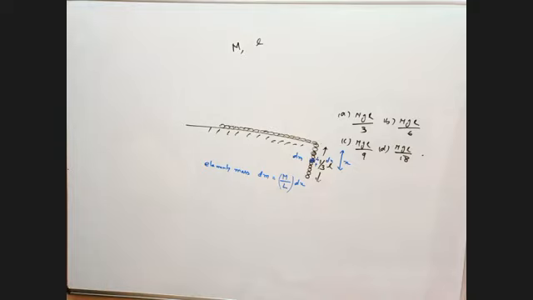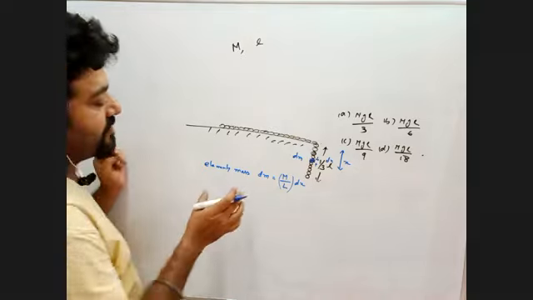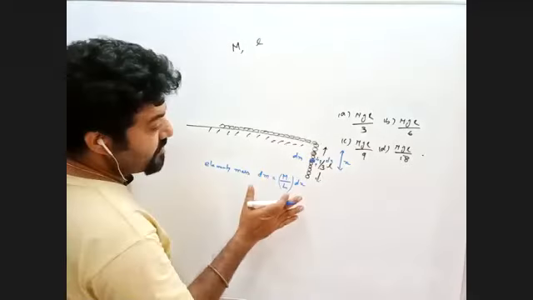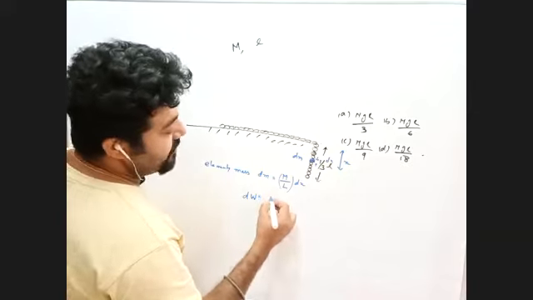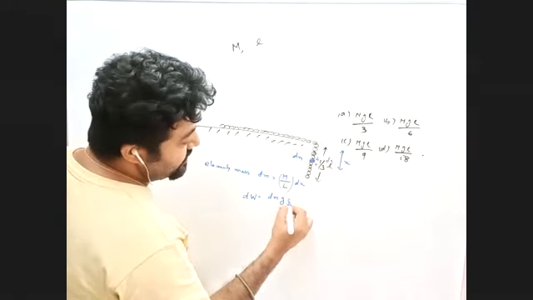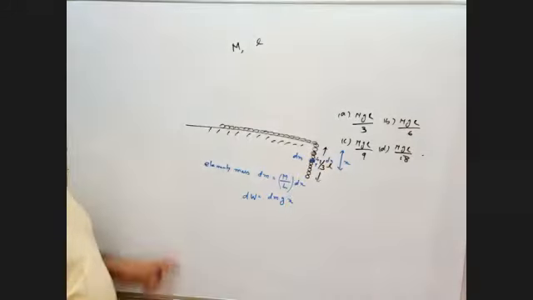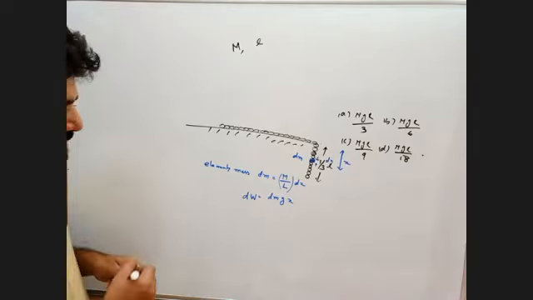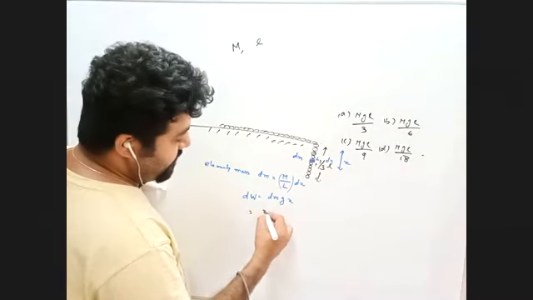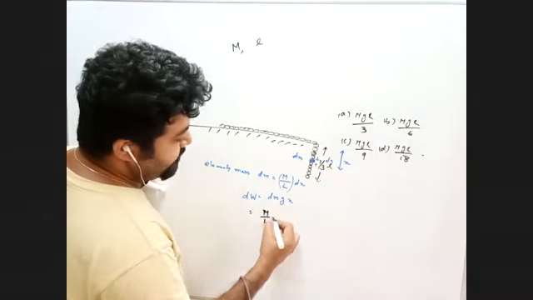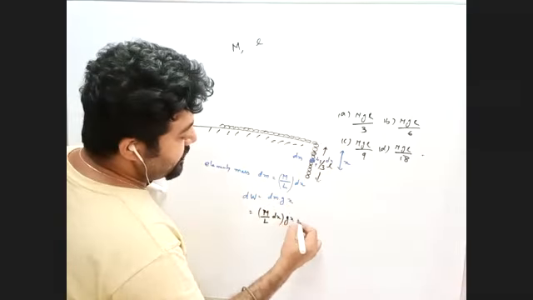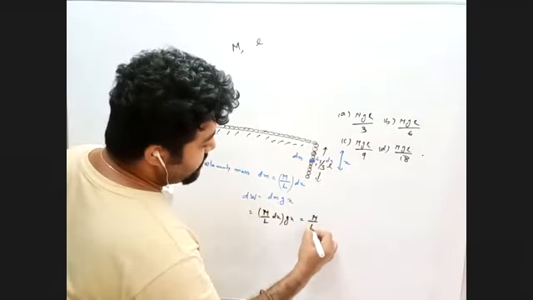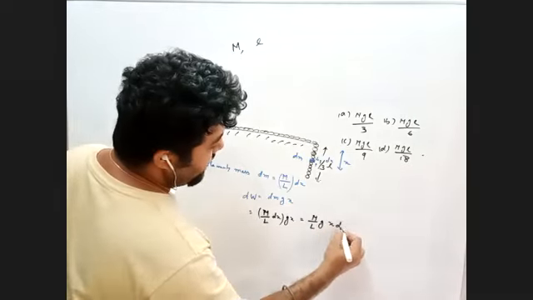So mass per unit length into thickness is the elementary mass dm. Now the distance is x, so work done is dmg times x, which is mass by l, g, x dx.